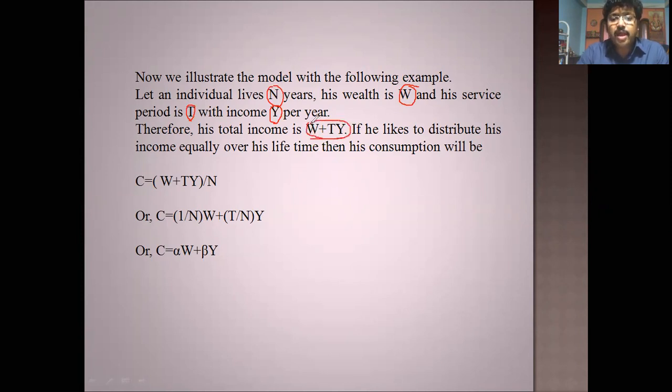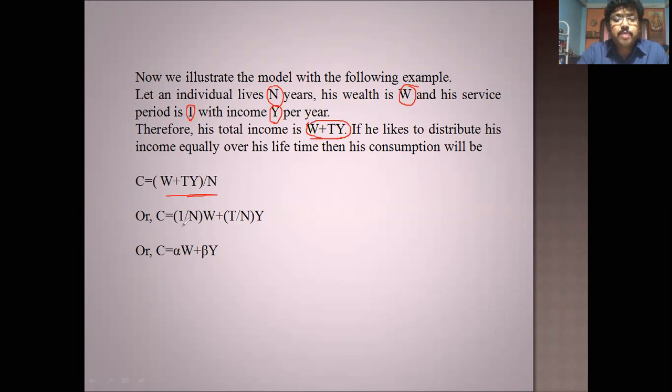If he likes to distribute his income equally, systematically over his lifetime, then his consumption will be C equal to (W plus TY) by N. Consumption per period, per year, will be (W plus TY) by N, where N is the total years the individual lives.